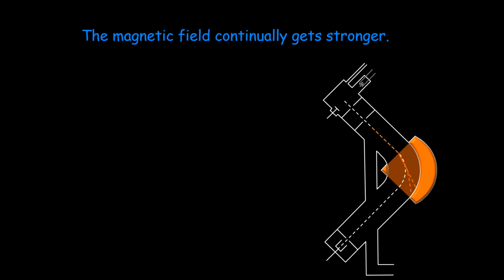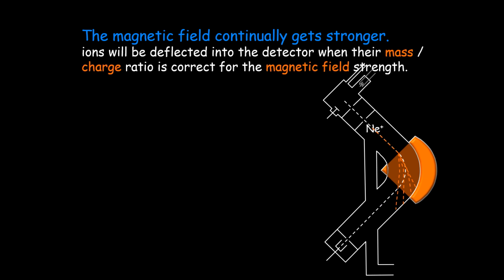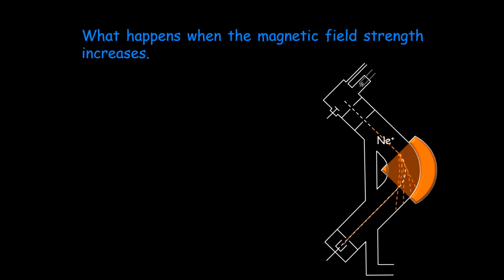Increase the magnetic field strength again, and again, and again, until the magnetic field strength is just right so the ions enter the detector. When it increases even more, they no longer enter into the detector.